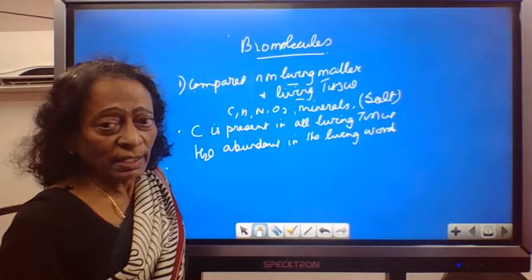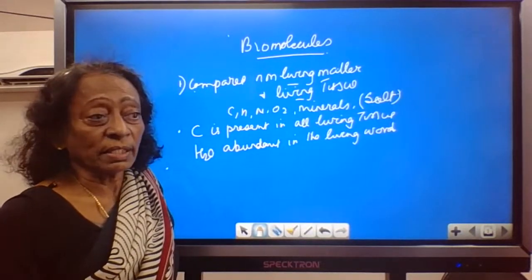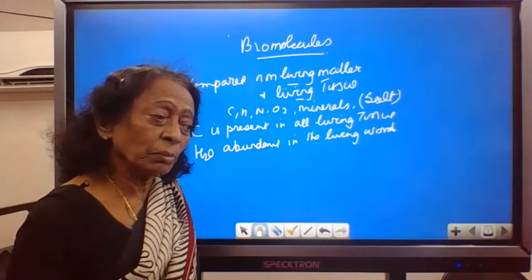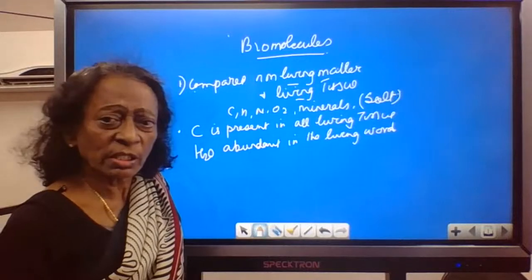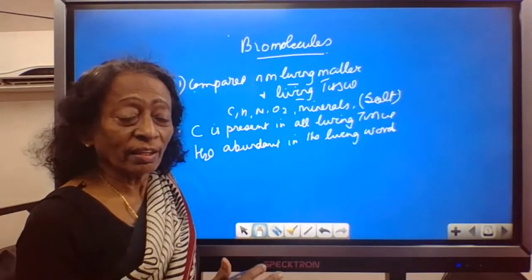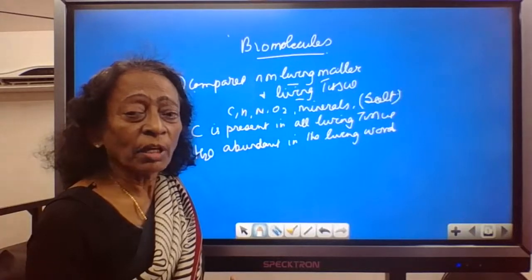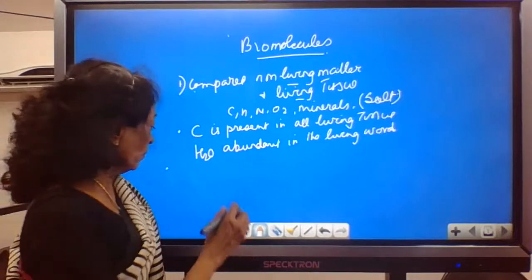When they were analyzing, they found many substances in a molecular state. What do you mean by molecular state? When you write C, we won't write an atom of C as C4, though valence is 4. Na is only an atom. So they found many of the elements, the major elements.